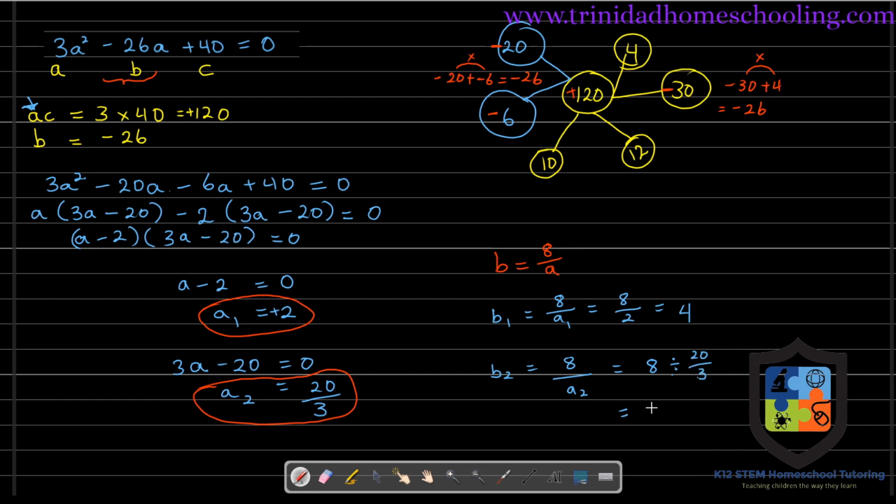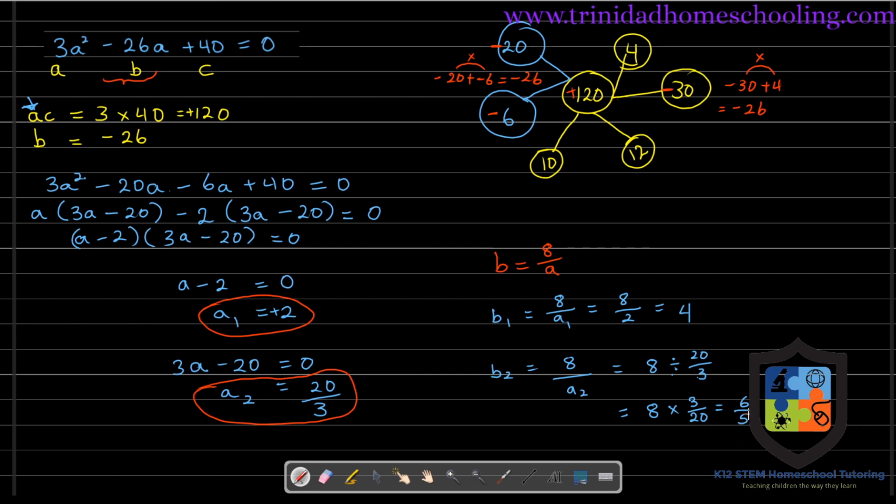Primary school maths here: when we have a division sign, we change that to multiplication and we invert. When we simplify this, we should get our b value to be 6 over 5, 6 divided by 5.